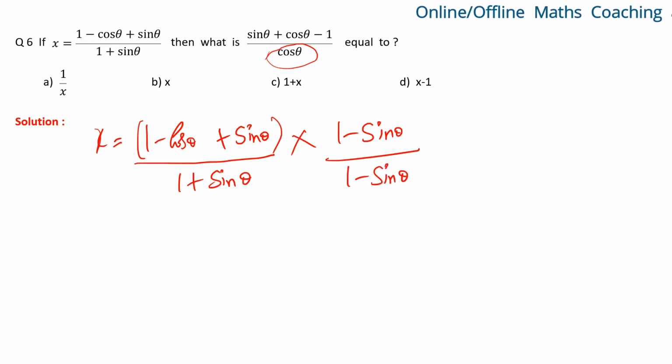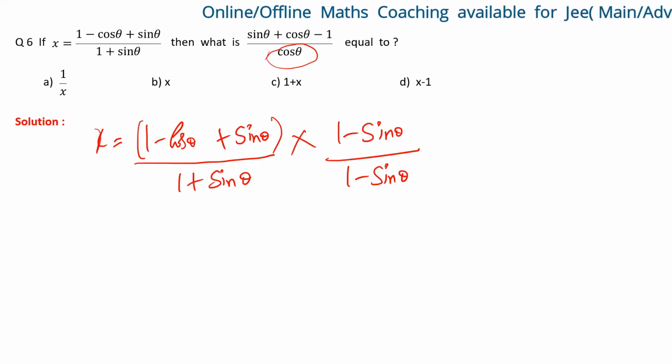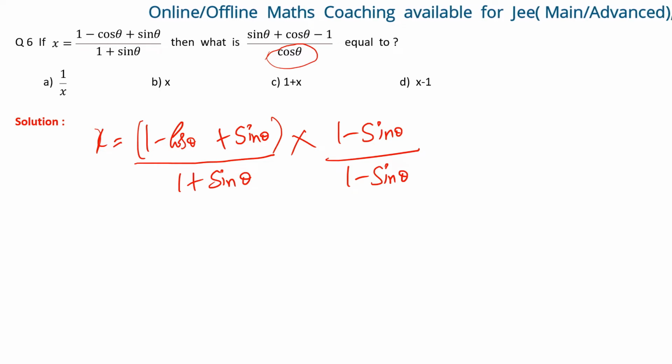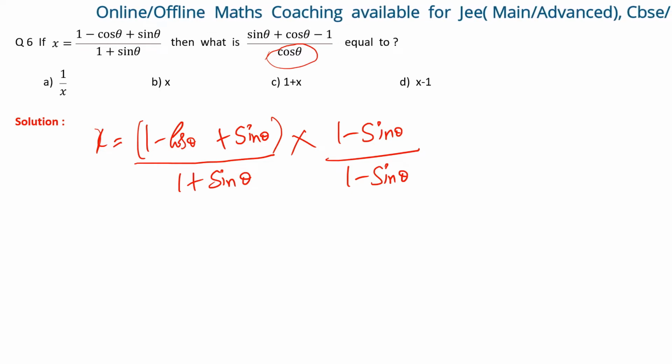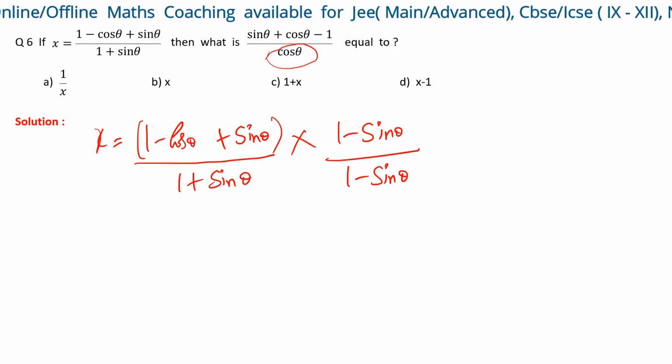Why? Because I know that 1 minus sin square theta is cos square theta, and 1 plus sin theta into 1 minus sin theta will definitely form cos square theta, because 1 plus sin theta into 1 minus sin theta is nothing but 1 minus sin square theta.